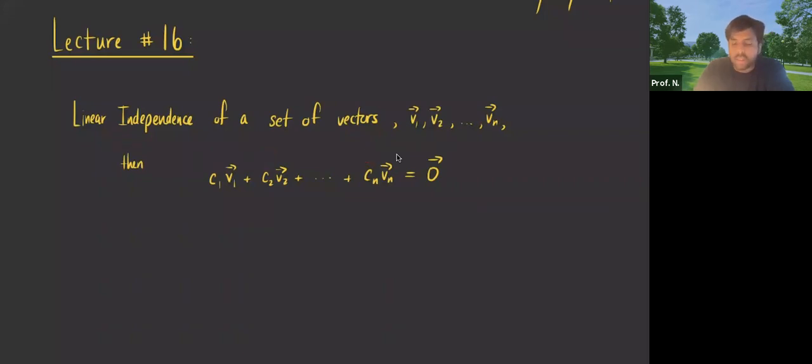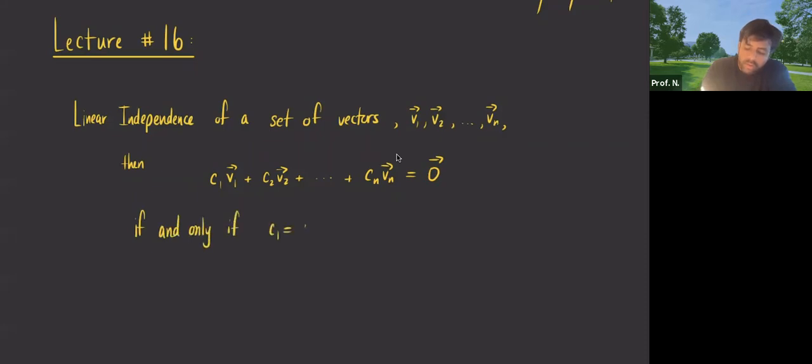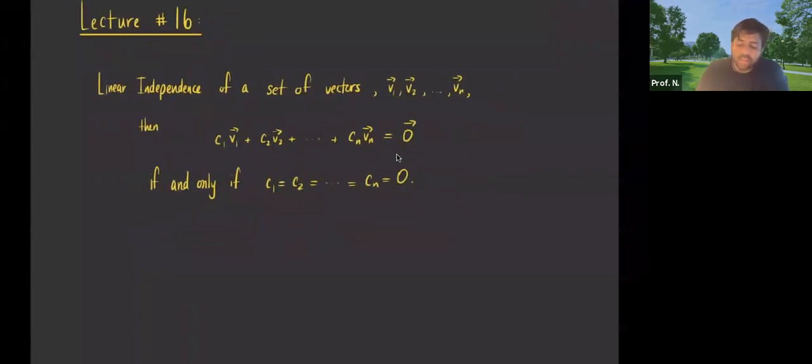If the only way to write 0 as a linear combination of the vectors v1 through vn is if the coefficients are all zeros, then we say that the set of vectors is linearly independent if and only if C1, C2, all the way to Cn equal 0. So that's what linear independence means.